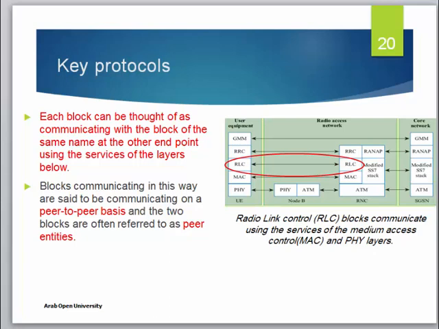Blocks communicating in this way are said to be communicating on a peer-to-peer basis, and the two blocks are often referred to as peer entities. Another example of peer-to-peer communication is the MAC block and the RRC block.